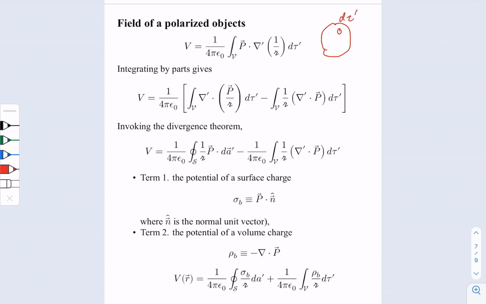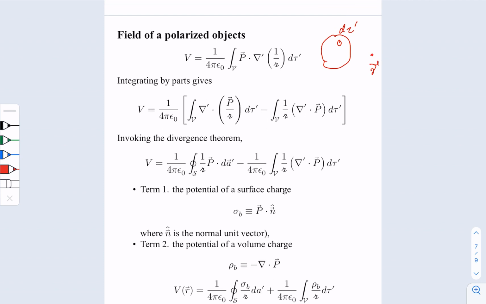And if we are interested in the scalar potential V somewhere at R, we can simply use the superposition principle and do an integration over the volume of this object, and this will give us this scalar potential at an arbitrary observation point at R.